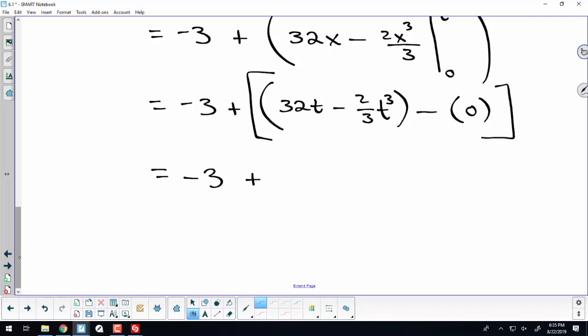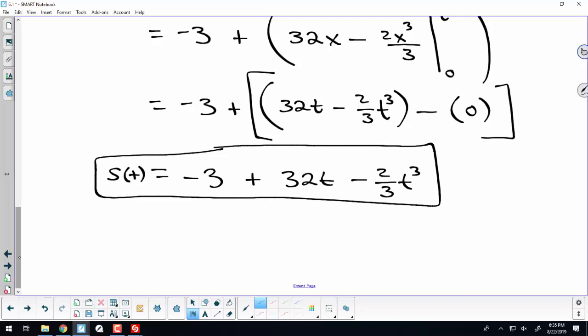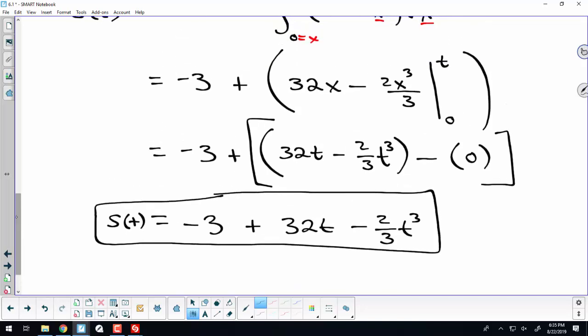We have -3, 32t, and minus 2/3 t cubed for s of t. So we see that either method is giving us the same result.